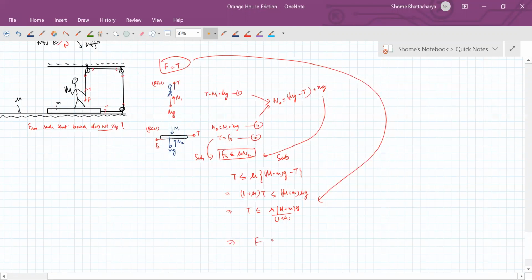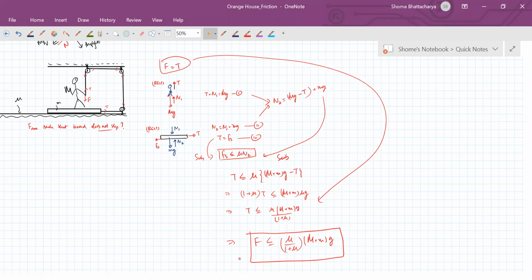So the amount of force we are applying should be less than equal to, so the equality gives you the maximum force. So this is 21st question.